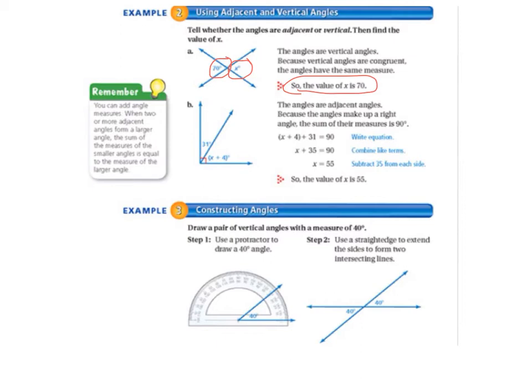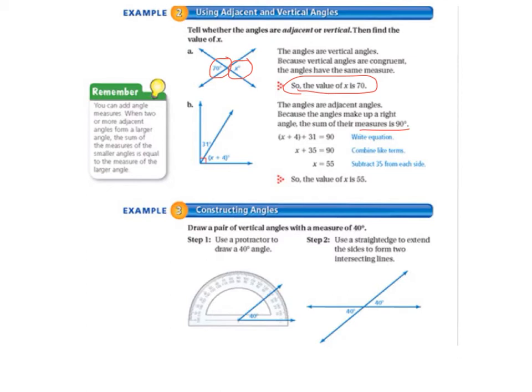Let's look at letter B. The angles are adjacent angles, so they're next door neighbors. They share a common side and they share a vertex. And because the angles make up a right angle, the sum of their measures is 90. So since one of them measures 31 degrees, we can use that to help us figure out the value of x.